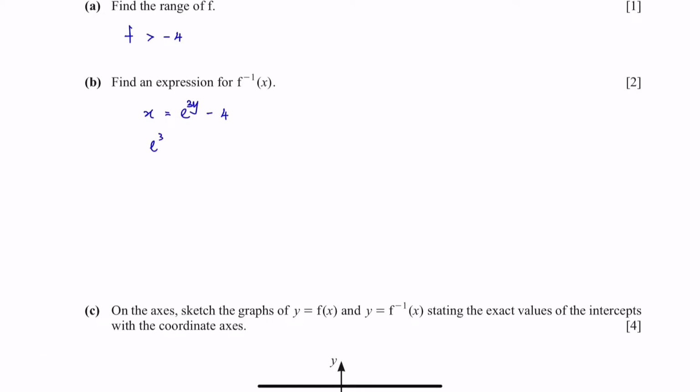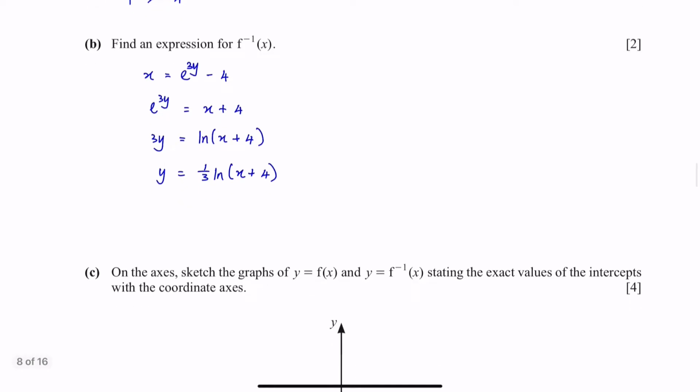So we have e to the 3y equals x plus 4, and 3y will be equal to ln of x plus 4, and y will simply be 1 over 3 ln of x plus 4. And we switch y to f inverse x. So we have f inverse x equals 1 over 3 ln of x plus 4.